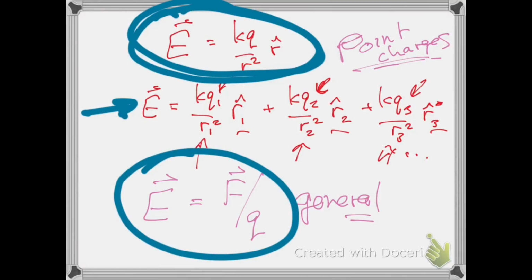So let's take, for example, the problem that we did in class yesterday, where we found the electric force that a dipole of the plus little q and the minus little q exerted on the big Q. I guess I should draw that.